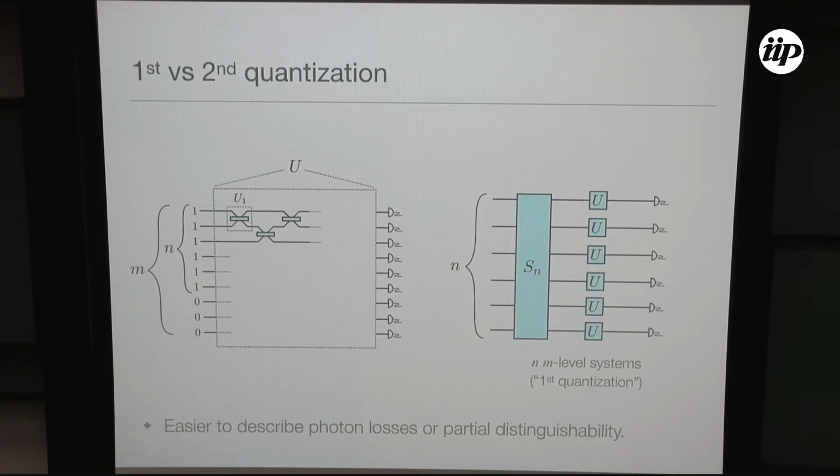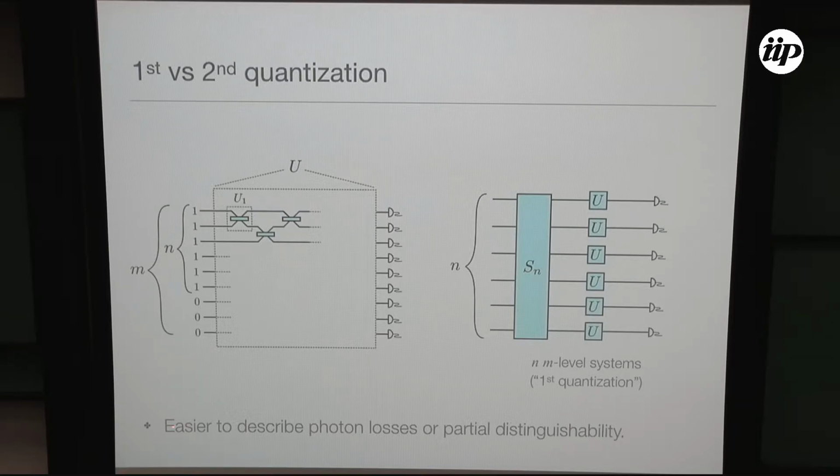Now we know from quantum mechanics that if you have a bunch of particles and they're bosons, they have to be in the symmetrized state. So when you map this to the quantum circuit, you have a procedure for creating the symmetric state over all these qubits. But if you do that, then the entire linear optical circuit just corresponds to a tensor product of single qubit gates. And this is going to be important.